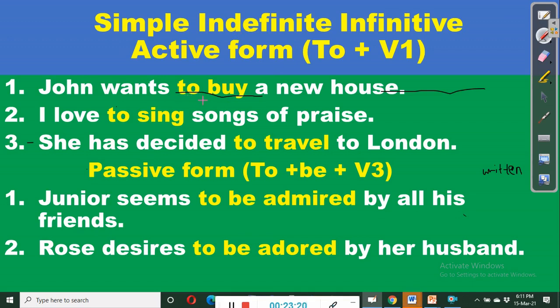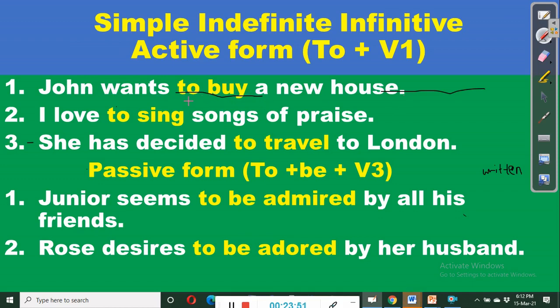But don't forget that the simple indefinite infinitive is not the same as the simple present tense of the verb, because the infinitive is not a verb at all. It is a verb form, but it is not functioning as a verb. Here, it is functioning as a noun. All right? So, John wants to buy a new house.